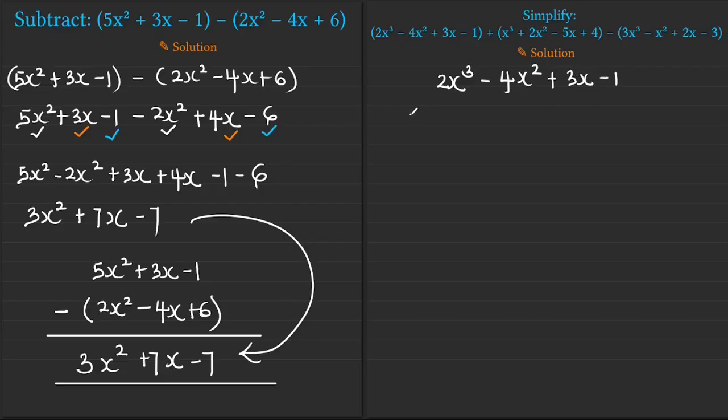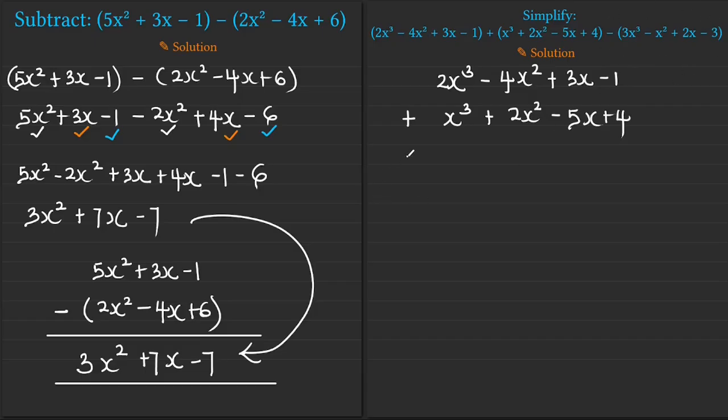Then we come to the next one. So it says plus x cubed. You write that under their corresponding terms. So x cubed, then plus 2x squared minus the 5x, and then plus 4. Then I'll come to this term.